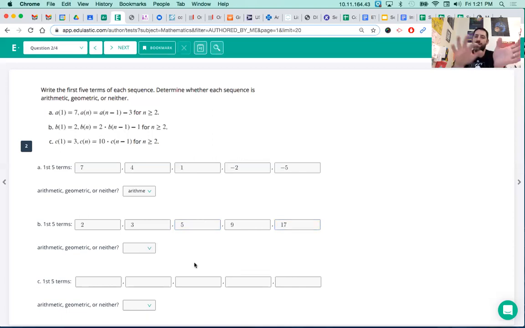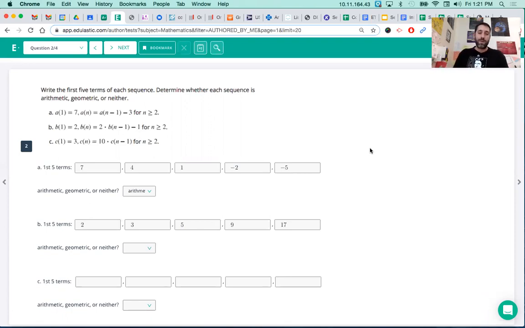Now, while this does involve multiplying by the same thing and subtracting by the same thing, this is not an example of being arithmetic and geometric, okay? You can't multiply and add or subtract together. It has to be one or the other.